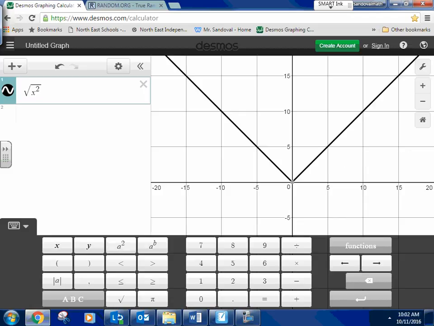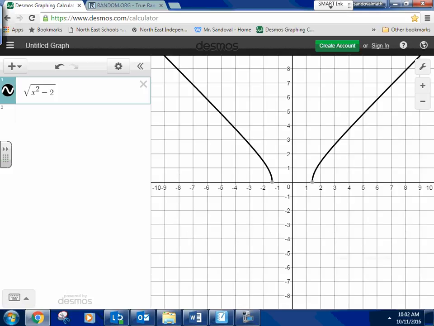X squared minus 2. Okay. Every time you put in a value, the only values that are ever going to be negative are the ones that are actually less than, well, let me go back. You'll see. When you solve for it, it's going to be the square root of 2.